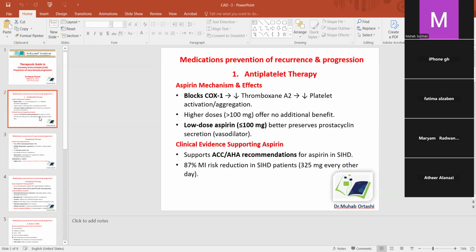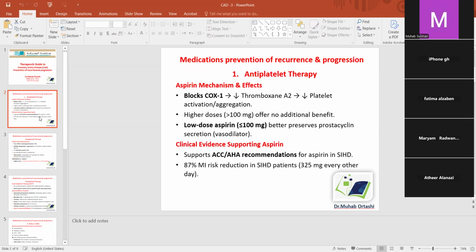So if the patient has a surgery, for example, and he has been using aspirin for a long time, we have to stop the aspirin until new platelets come, which needs about 7 days. So we take about 10 days, then we do the elective surgery. The antiplatelet effect of aspirin is at a low dose.